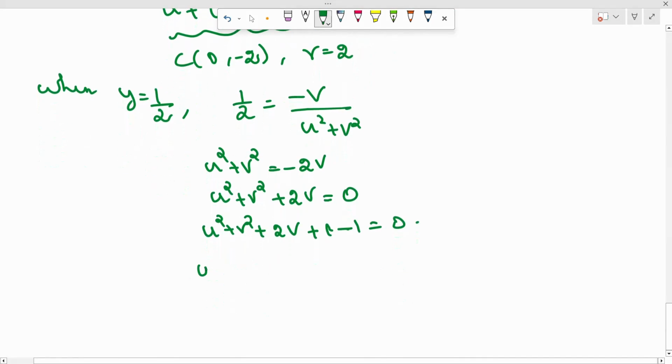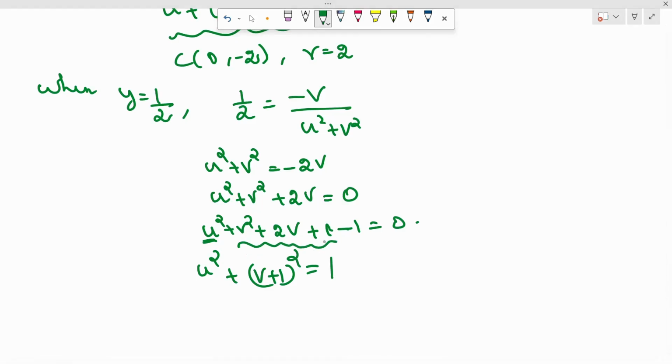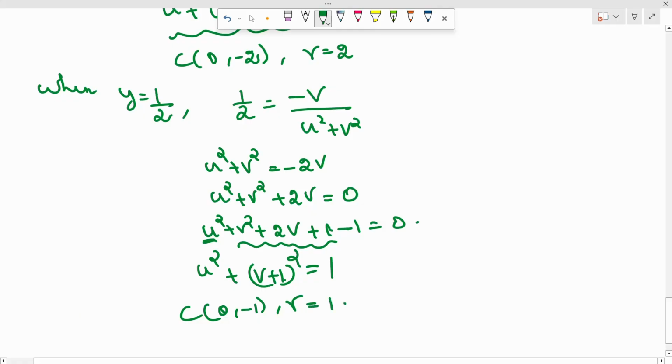Now we can write u square plus v plus 1 whole square is equal to 1. The u square is the first term, and then the v terms can be written in the a plus b whole square form, a square plus b square plus 2ab. So it equals 1, which is a circle whose center is at 0 comma minus 1 and radius is 1.